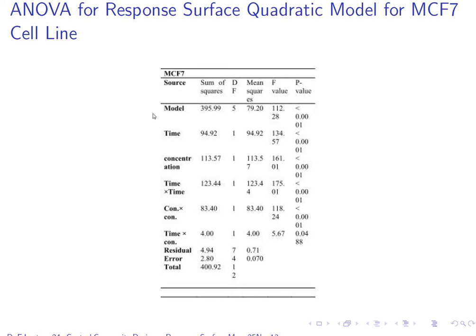And the possible sources of variation are model, time, concentration, time squared, concentration squared. So these are the linear terms, the pure quadratic terms, and then the interaction term, residual, and error.